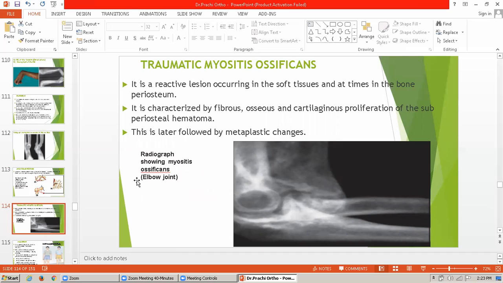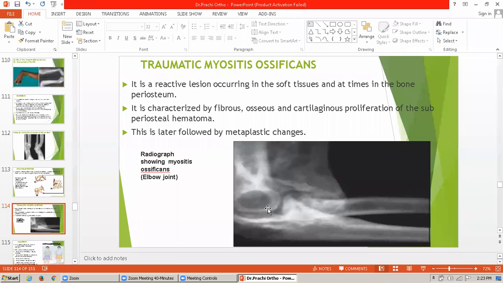It is characterized by fibrous, osseous, and cartilaginous proliferation of the subperiosteal hematoma, and this is later followed by metaplastic changes. The radiograph shows myositis ossificans in the elbow joint.